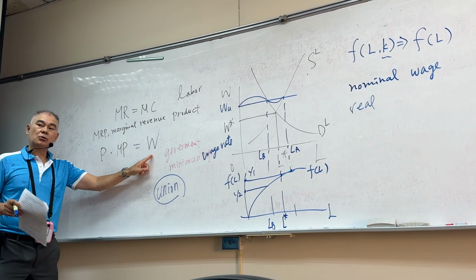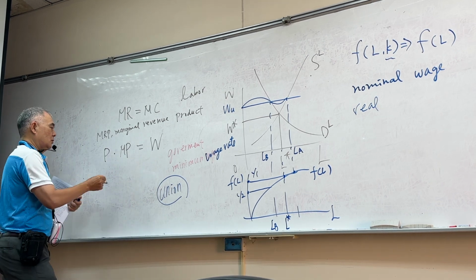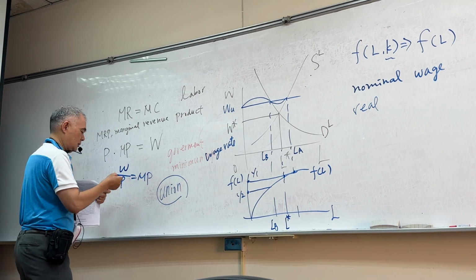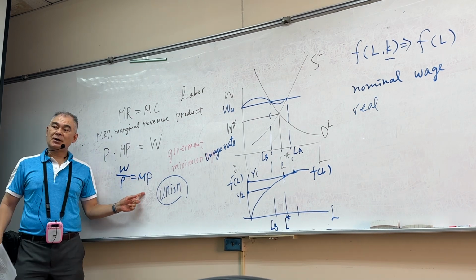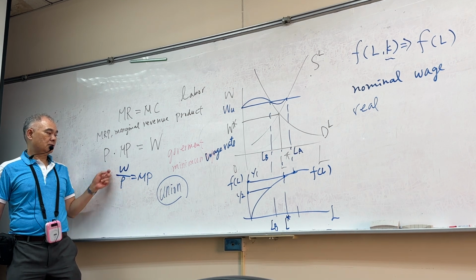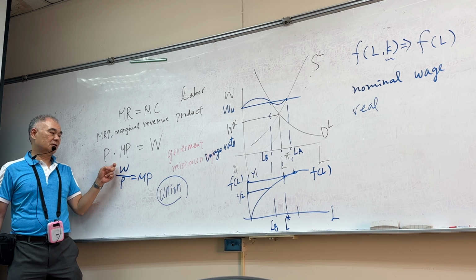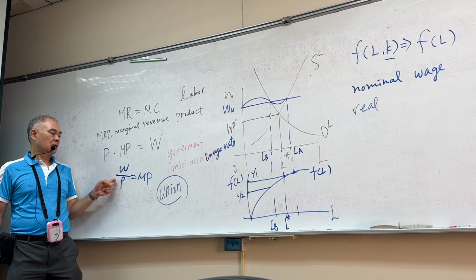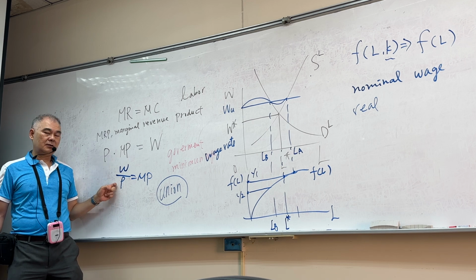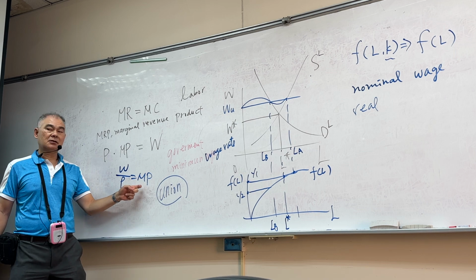Real wage is equal to the amount of goods that you can buy. So real wage is equal to MP, the marginal product, the amount of goods. Divided by P, means that you consider the amount of money you have, the money wage rate, and then condition on the price. So this is the real wage.